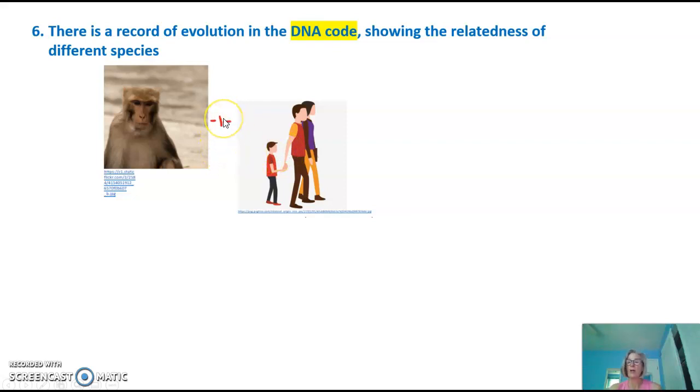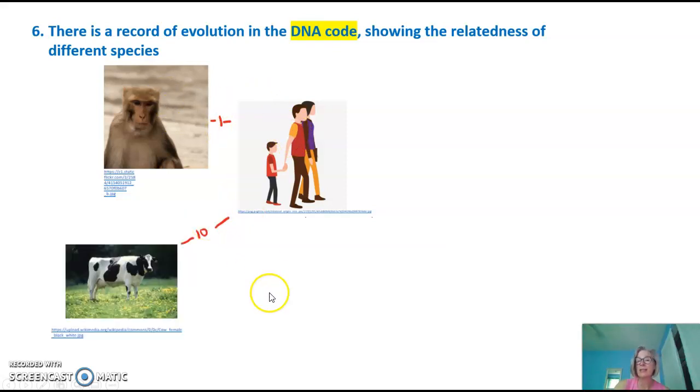Now, the amino acid code is generated from the code in DNA. So if there's one amino acid difference, that means that the DNA only differed by one codon between humans and chimpanzees.